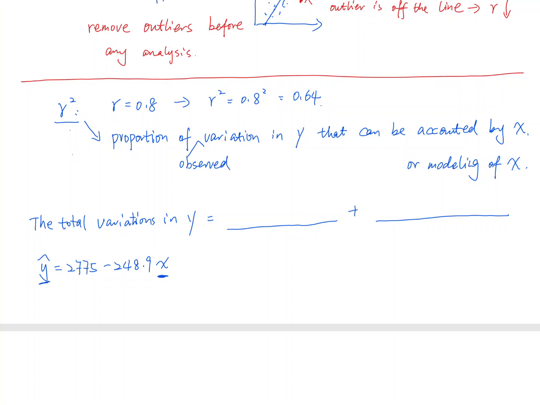So the first part of variation in y can be accounted for by x, or by modeling. Since you have different x values, you will have different y's. So this is the first reason why these y values are different, just because of the different x values.